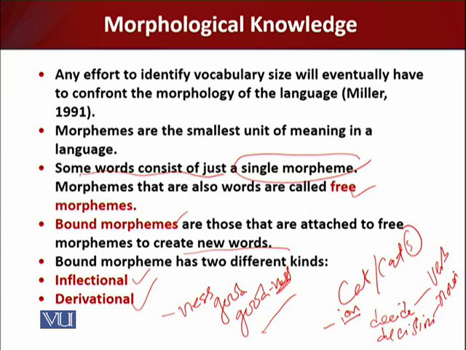So they have changed the syntactic category from decide, verb, to decision, noun. Not only that, but the pronunciation of the d over here, s-i-o-n, ion, shun. So the pronunciation also changes from decide to decision. The second d of decide changes the pronunciation from d to shun. So these are the two different types.